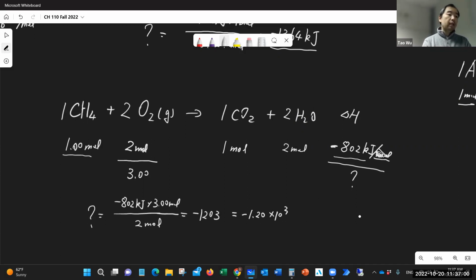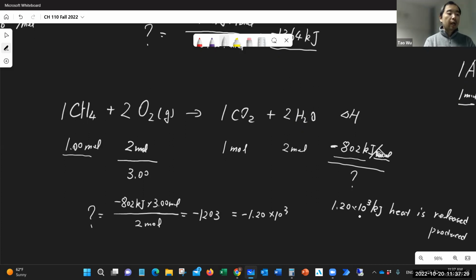One more thing I need to mention: some questions say how much heat is going to be released. We say 1.20 times 10 to the 3rd kilojoules of heat is released or produced.